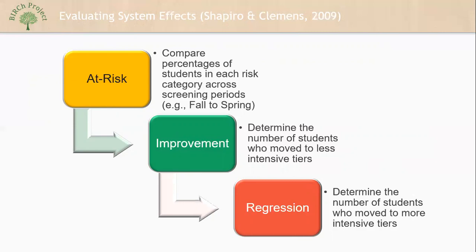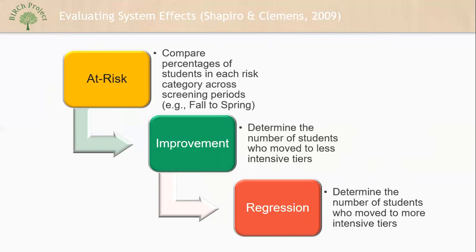Ideally, hopefully, we would see that percentage of students decrease in the winter screening or the spring screening in comparison to fall. We want to see more students having their needs met by tier 1 instruction or more students having their needs met by tier 2 instruction to reduce the numbers of students who are receiving the highest, most intensive levels of intervention. So that's the first step.